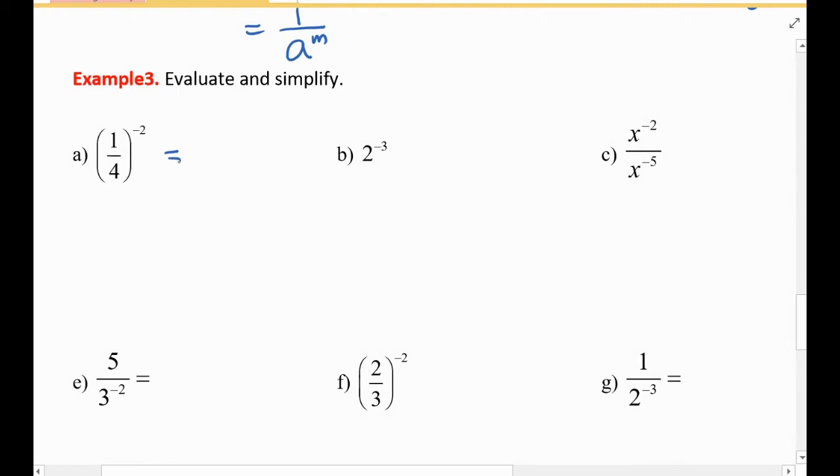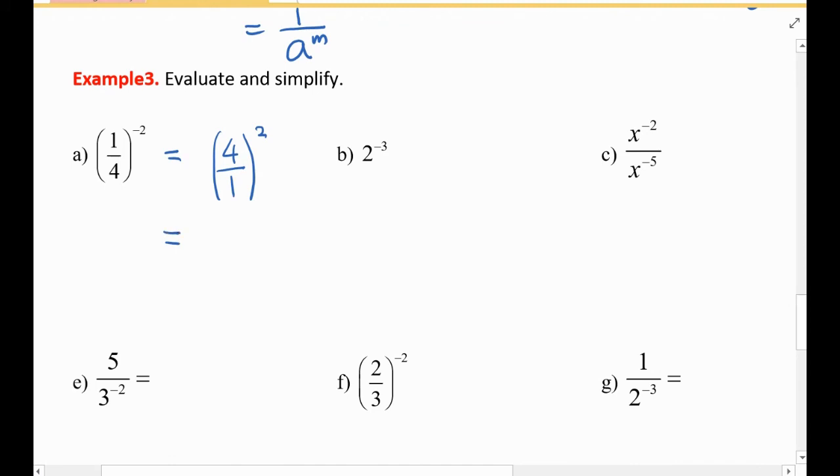Okay, everyone, I want you to try this by yourself. So we said we have to flip the base. Let's flip the base. How would you flip 1 over 4? That becomes 4 over 1. And make the exponent positive. 2. Positive 2.